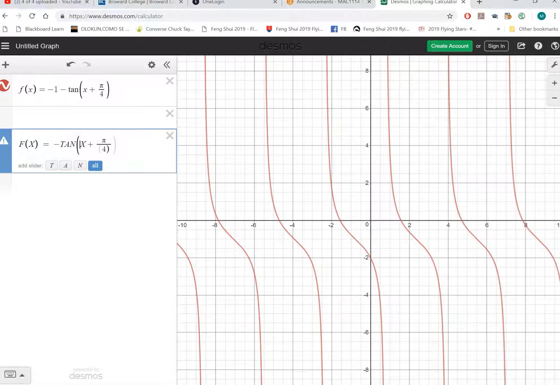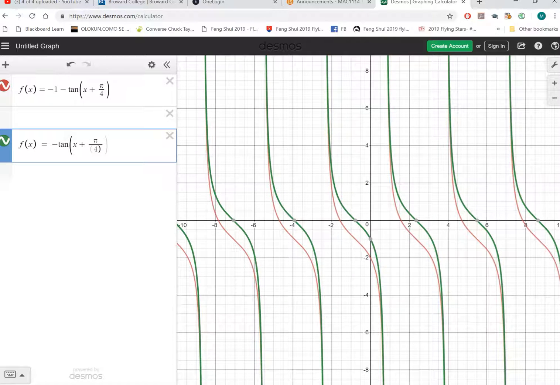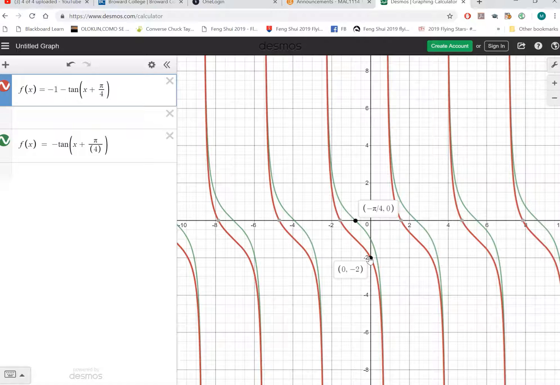Okay. And eliminate the uppercase. Apparently doesn't like the uppercase either. There it goes. Okay, so that's what the green is, the original function without the shift of -1. So you can see it's just dropping it down. Your midpoint goes from here to approximately here, so it drops down 2 units, or close to 2 units. You have your quarter point, 3/4 point showing up as well. So that's what that looks like.